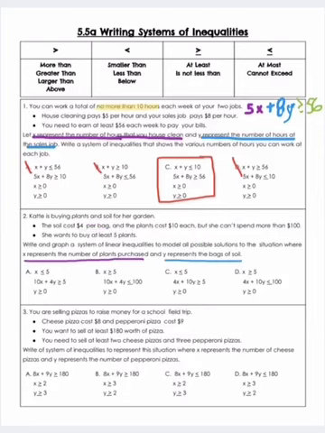So for the plants are $10 each, $10 per plant. And here, the soil is the y. So the soil is the $4 per bag. And we cannot spend more than $100, which means our spending has to be less than or equal to $100.